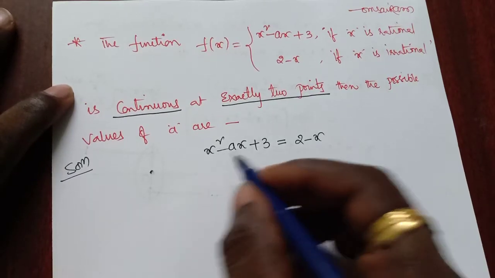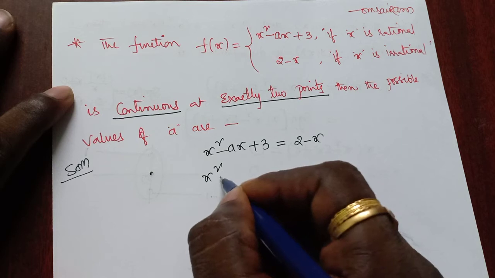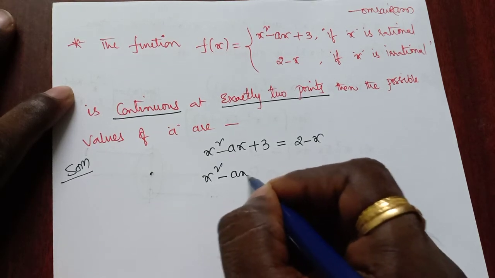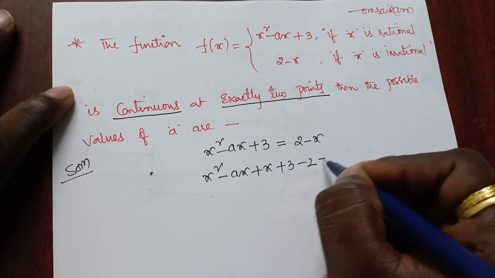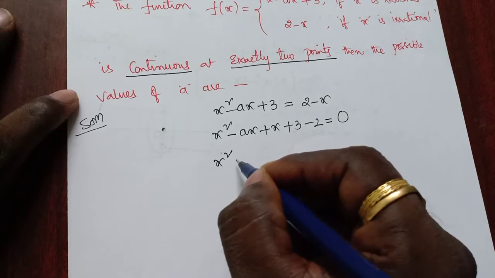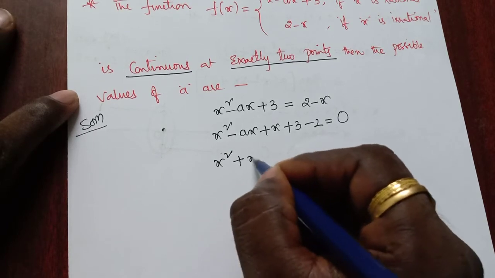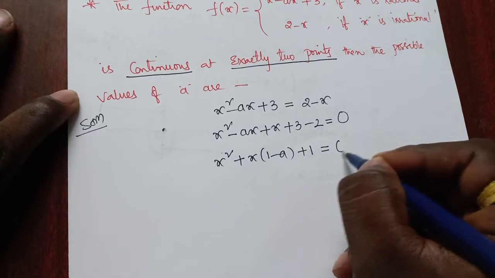Now send 2 minus x to the left side. What we get? x square minus ax plus x plus 3 minus 2 equal to 0. Now take x common: x square plus x into (1 minus a) plus 1 equal to 0.